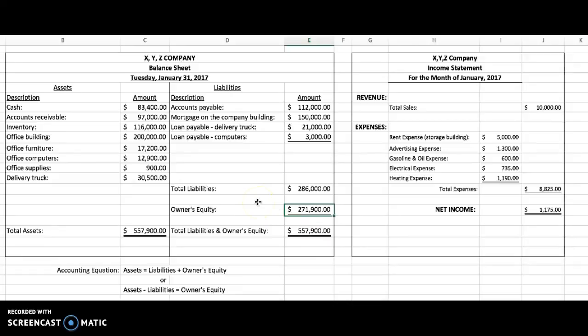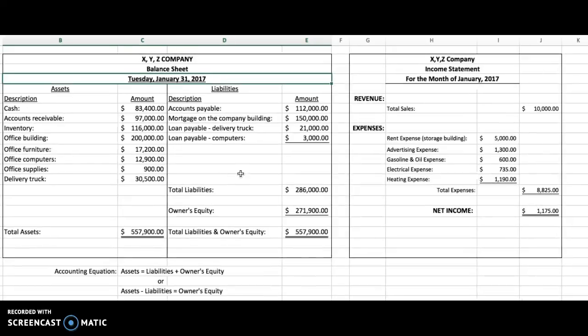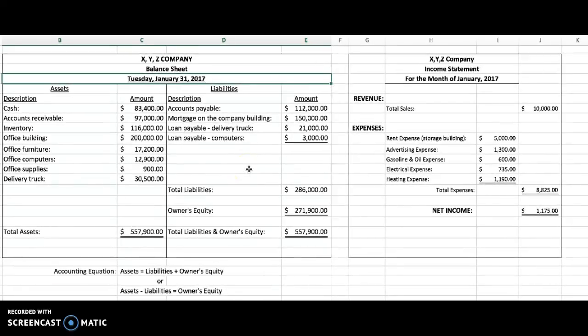Those are key items on the balance sheet. And remember, a balance sheet is only good on one date. So in this case, January 31, 2017. By the end of February, it will have changed in some fashion, and we will need to construct another balance sheet. So let's go on to the other statement.